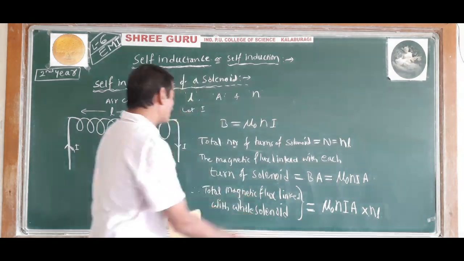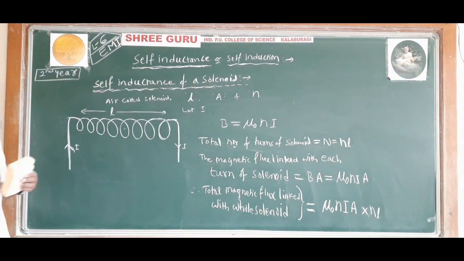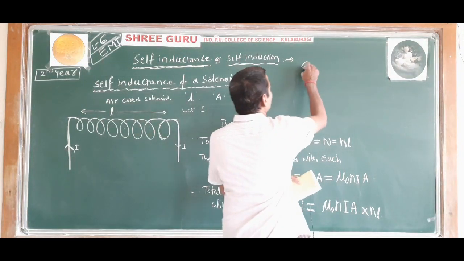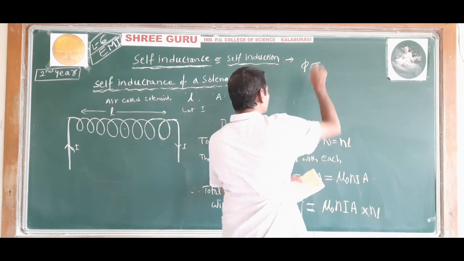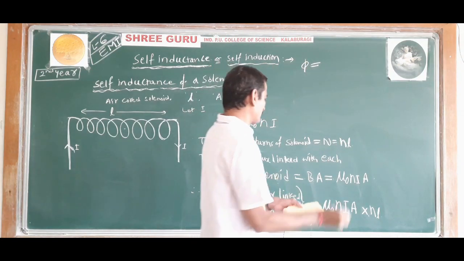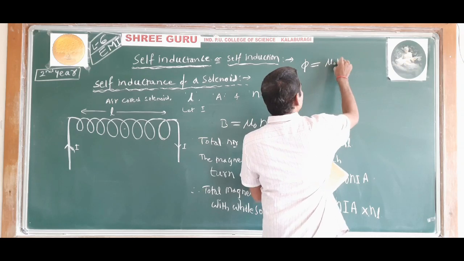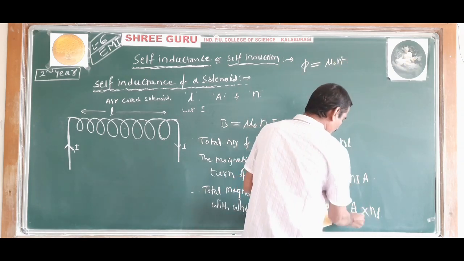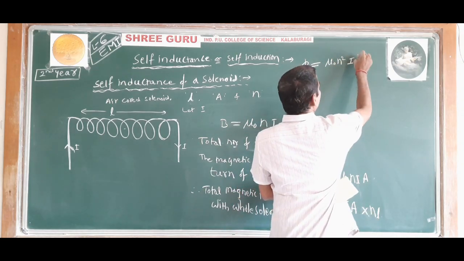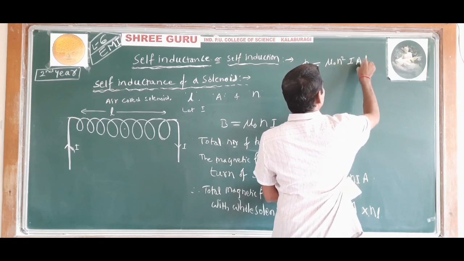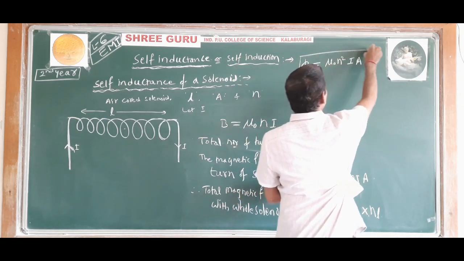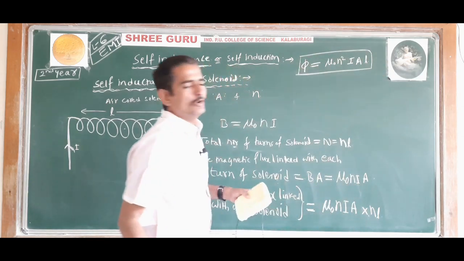So the total magnetic flux linked with the entire solenoid is given by mu naught n square I A L. This is the formula for the magnetic flux linked with the whole solenoid.